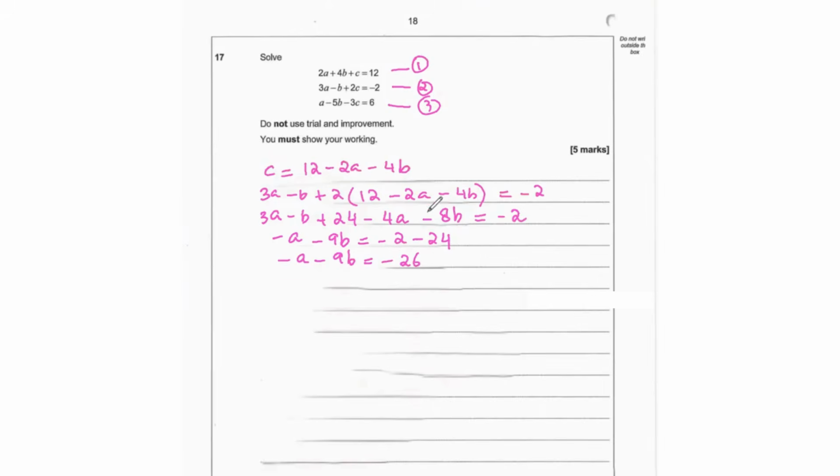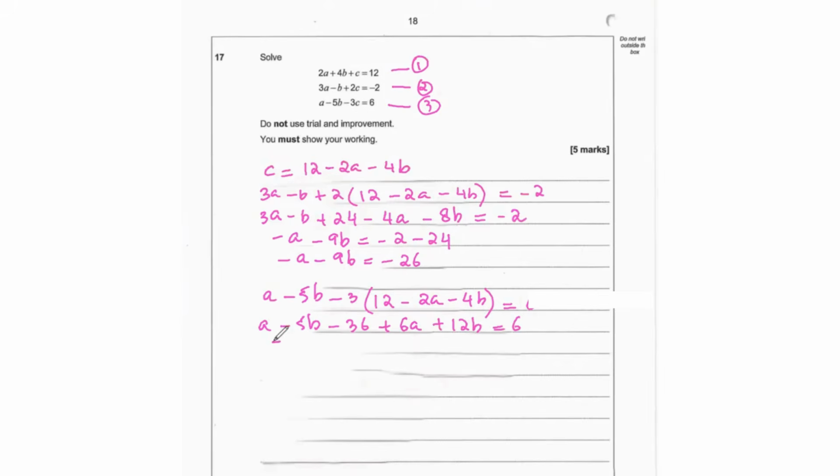That's the first equation. Then a minus 5b minus 3 again times 12 minus 2a minus 4b equals 6. So that's a minus 5b minus 36 plus 6a plus 12b equals 6.